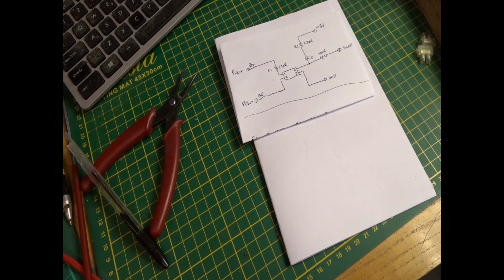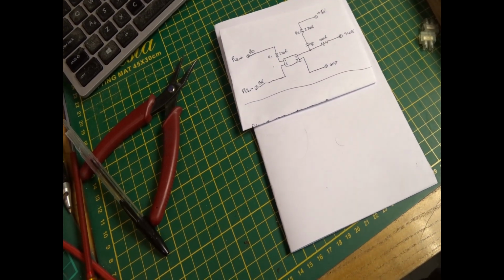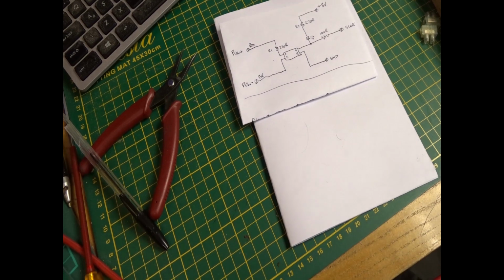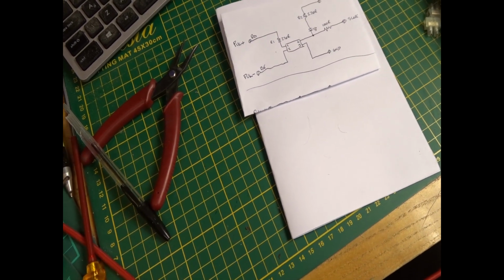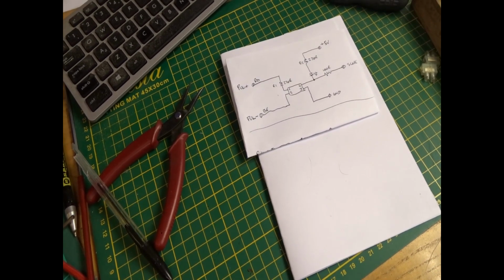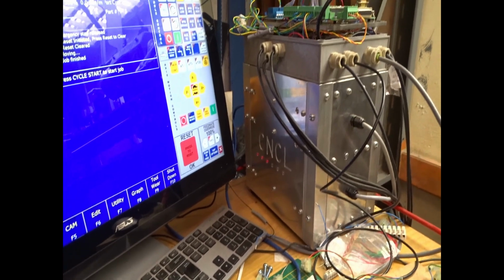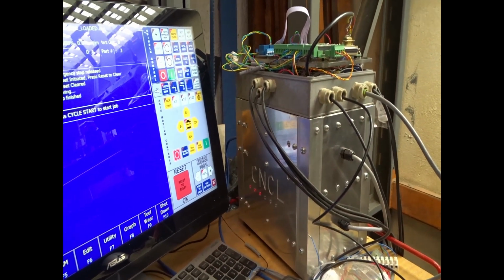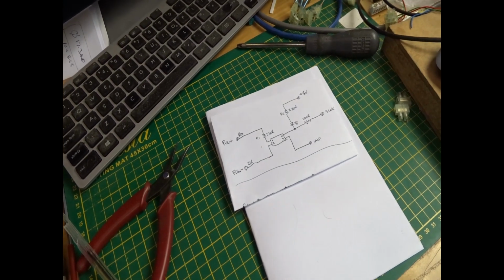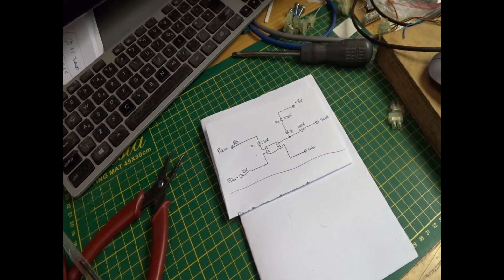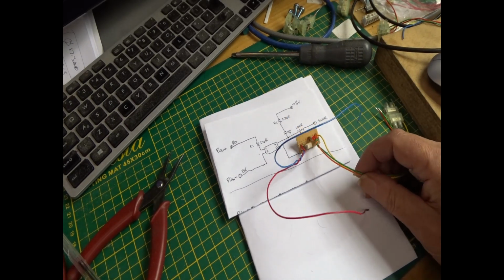Hi guys. I've been away for a while. I've been fiddling around with circuitry, trying to improve this stuff. Trying to figure out what my problems are. Anyway, I built this small little circuit. There it is there.